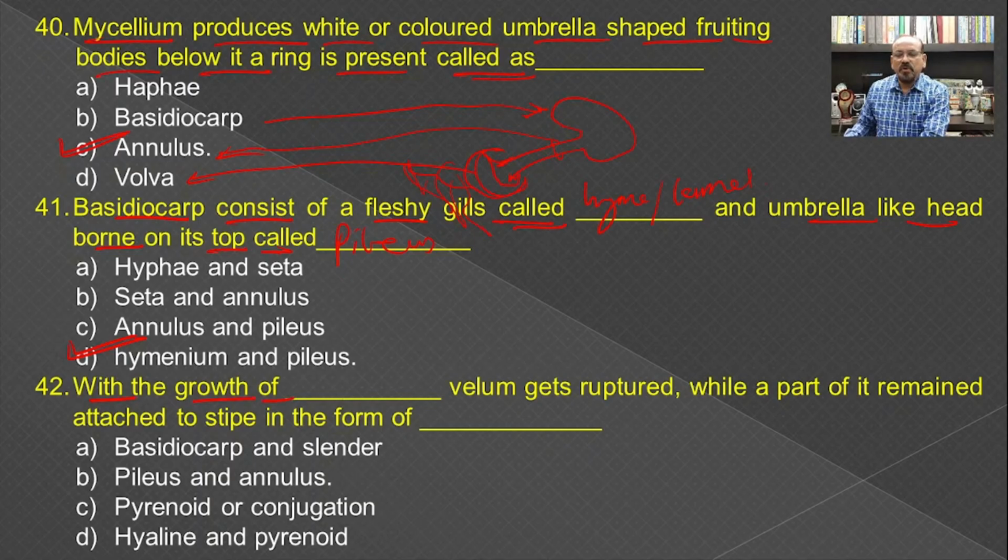Then with the growth of the Pileus, the velum gets ruptured while a part of it remains attached to the stipe in the form of a ring like structure, known as the annulus, and hence the Pileus and annulus will be the answer for this question.